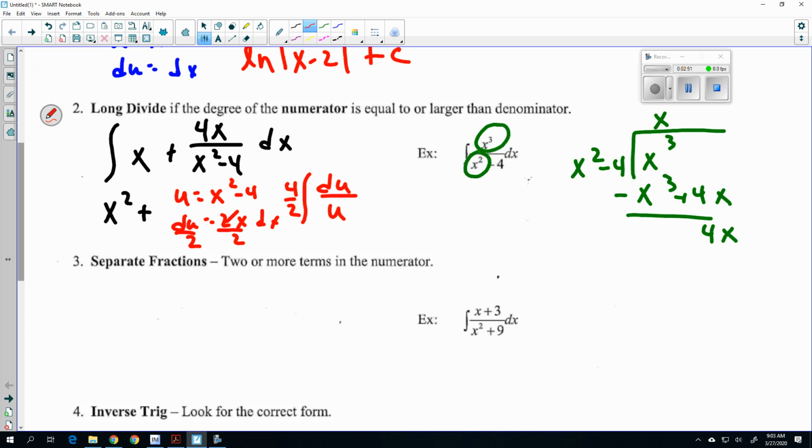So again, that becomes a natural log. So sometimes a natural log is disguised as possibly an inverse trig function. 4 divided by 2 is 2, natural log of the absolute value of u. And don't forget your plus c. So remember, that plus c is the c from the integral and from the original one on the x squared.